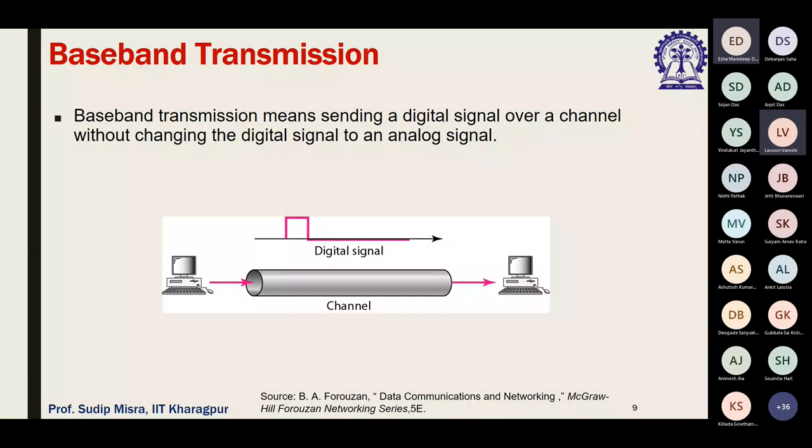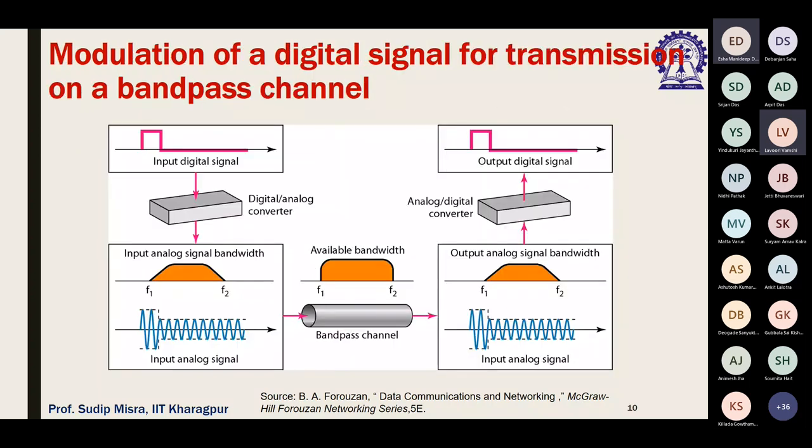Now we need to really understand how you are going to have this transmission through a band pass channel. It is done with the help of modulation: modulation of a digital signal for transmission on a band pass channel. This is what we need to understand through this particular figure.